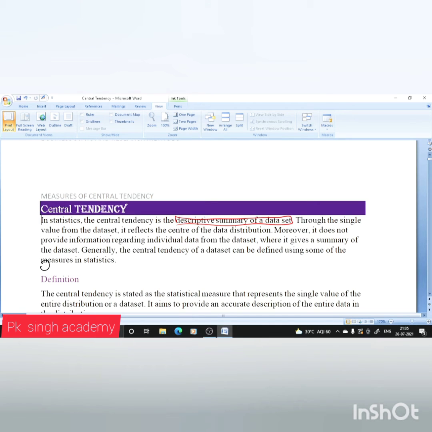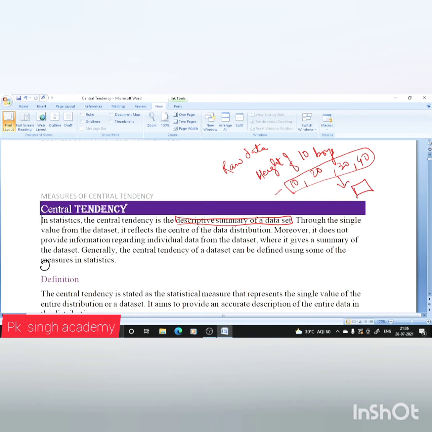For example, if we have raw data like the height of 10 boys, say 10, 20, 30, 40, these are condensed to a single data. So this is the central tendency.